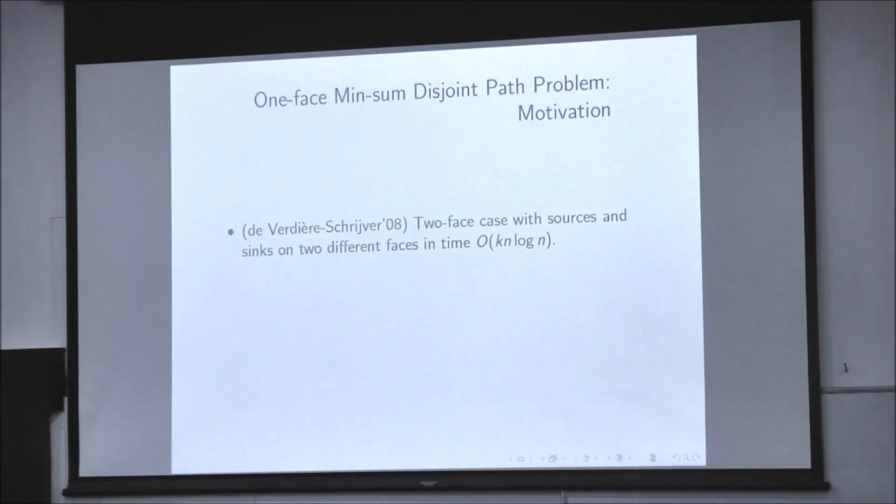On the other hand, if we focus on the planar cases, not too much is known even here. The two-phase case, when all the sources lie on one face and all the sinks lie on another, is known to be solvable via a flow algorithm by Dewar, Deer, and Scriber.